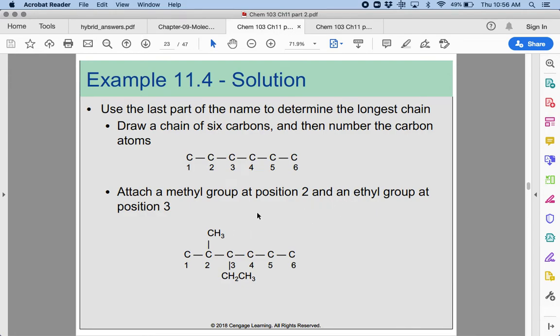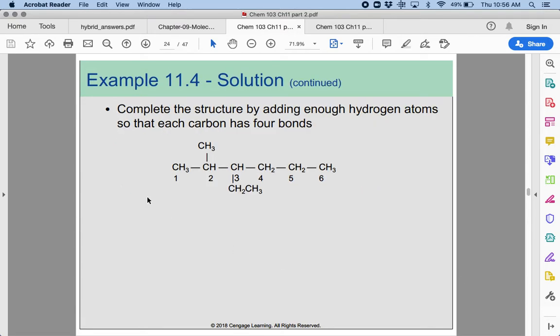And we have 3-ethyl, which means there's an ethyl group, 2 carbons long, on the 3 carbon. So that takes care of all the wording. So what goes on the rest of this compound to finish it off? We need to add our hydrogens. So we go through and add them, and we now have our compound 2-methyl, 3-ethyl, hexane.